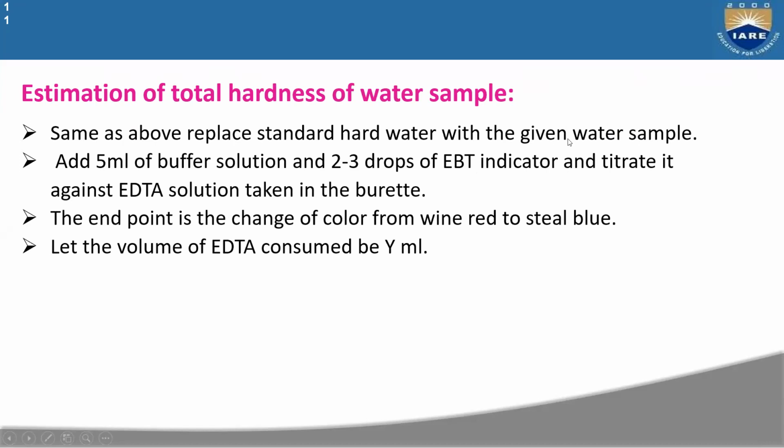In the practical procedure, we have to take the given water sample. So later, same as it is. Instead of hard water, we have to replace it with the given water sample. Later we have to add 5 ml of buffer solution and Eriochrome Black T indicator. So given water sample, buffer solution, EBT, these three solutions we have to take into the conical flask.